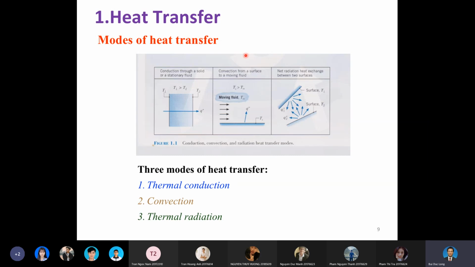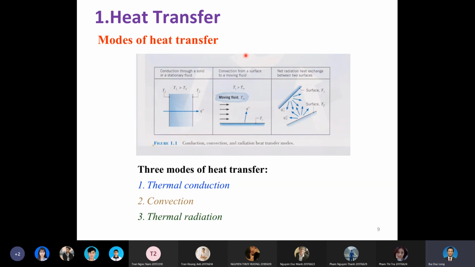We also have another example of thermal convection. For example, when you go on a picnic and light a wood fire, you can feel the air moving up.